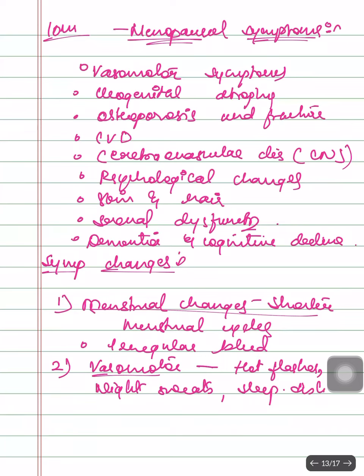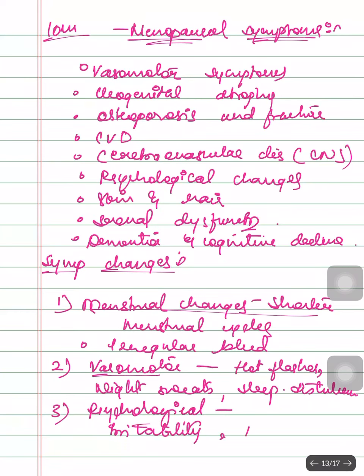Next, psychological changes. There will be irritability, mood swings, and she will gradually have poor memory. Finally, there will be depression.